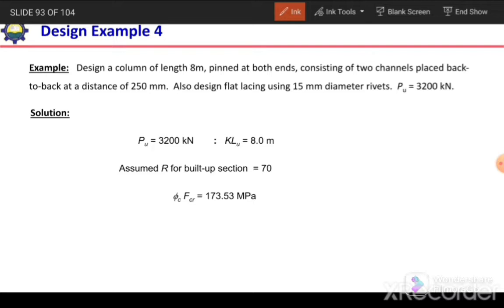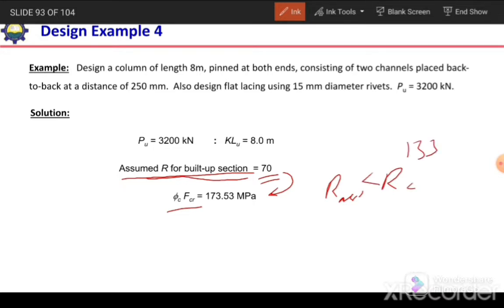Okay, so to select the section we need the required area, and for that we need to assume the slenderness ratio value. Initially we can assume the slenderness ratio for built up section equal to 70, and corresponding to this we can calculate phi c Fcr by comparing this KL/r assumed with 4.71 root E over Fy, meaning 133 for A36 steel. If it is less, then we can use the Fcr formula 0.658 to the power Fy over Fe times Fy.